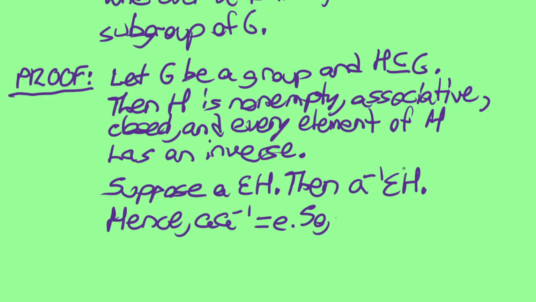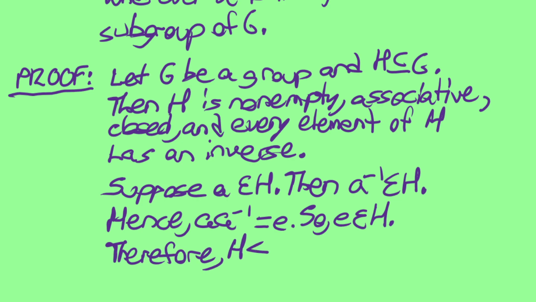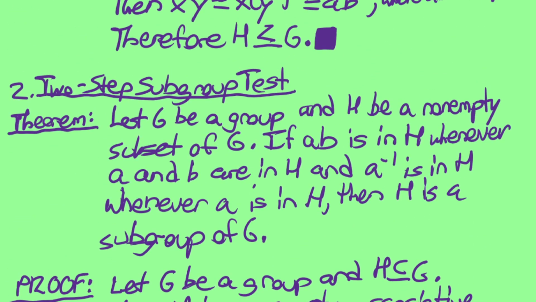So the identity element is an element of H. So therefore, H is a subgroup of G. Yep, pretty straightforward proof. And this gives us our second subgroup test that we can use.